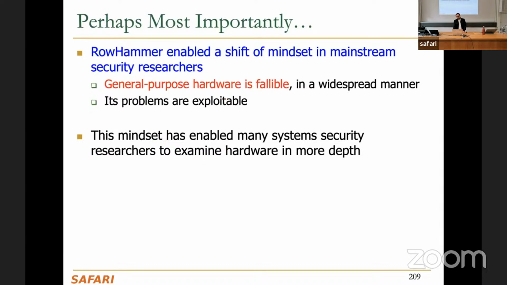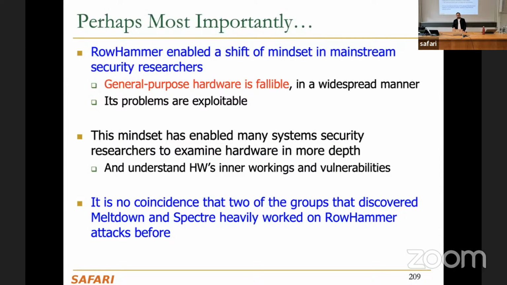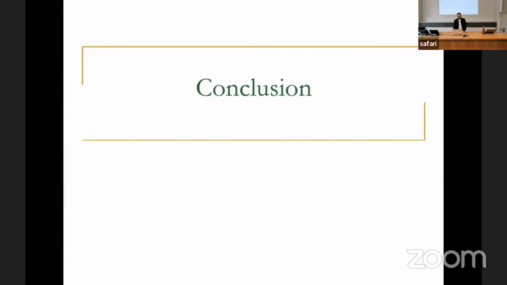So this shifted mindset in the mainstream security researchers, and now they are looking at the hardware as well. And it's also not a coincidence that the two groups that discovered Meltdown and Spectre also worked with RowHammer before. All of these are related to each other. So there are more to come.